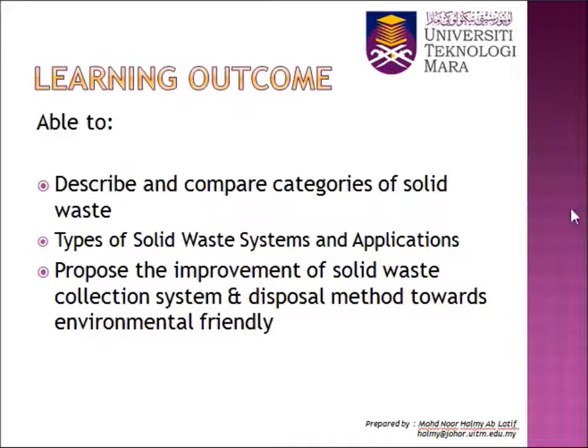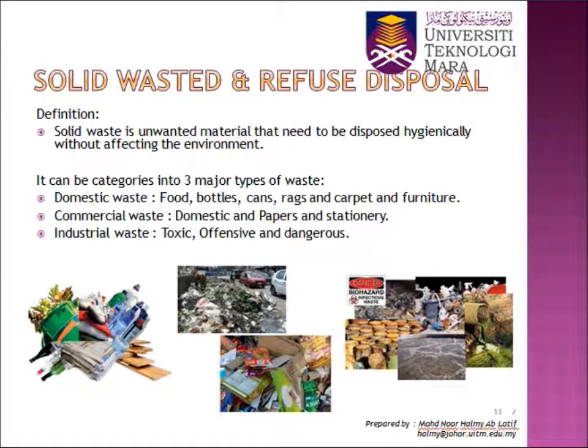For the learning outcome, at the end of this chapter, students should be able to describe and compare categories of solid waste, list the types of solid waste system and application, and also propose the improvement of solid waste collection system and disposal method towards environmental friendly. So we move to the first topic, which is solid waste and refuse disposal.